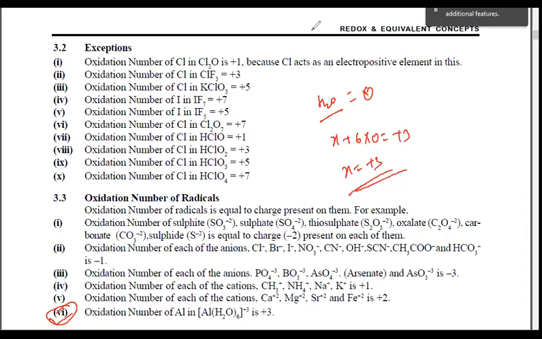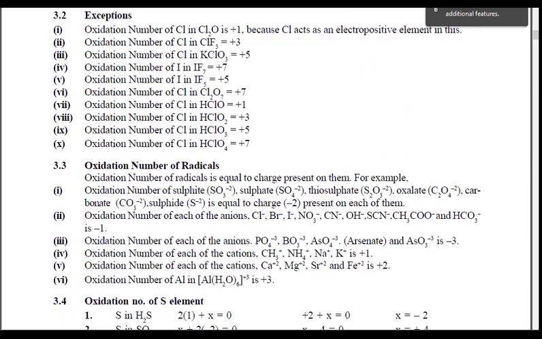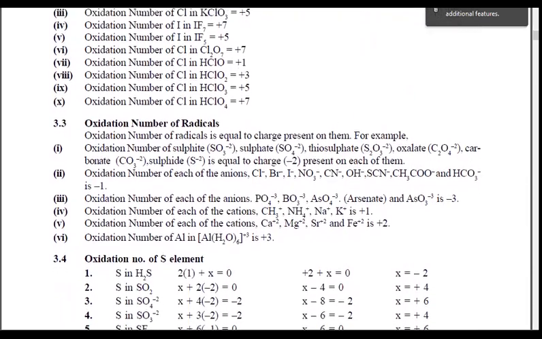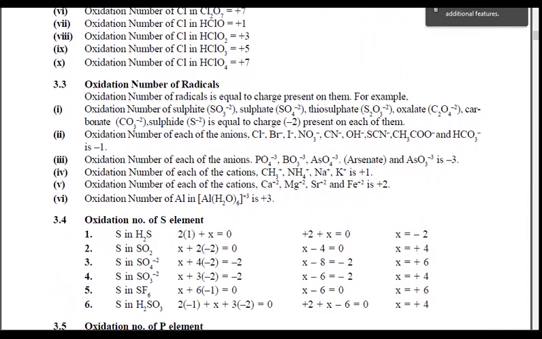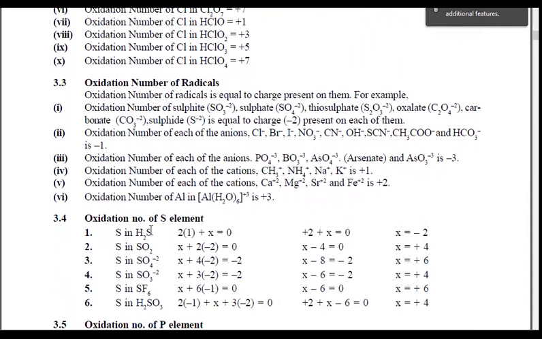So points 1, 2, 3, 4. Especially points 1, 2, 3, you have to remember. Remaining we have already covered. Now, I've already told you the method. So just verify this. Can you solve these by yourself? Can you now understand how the oxidation number of sulfur is different in different compounds?